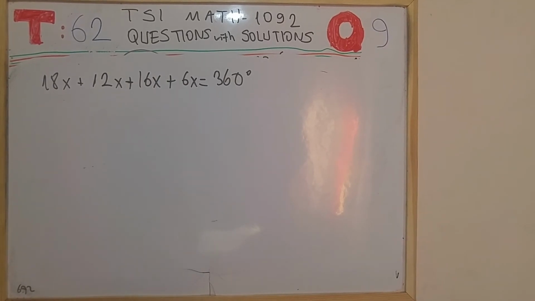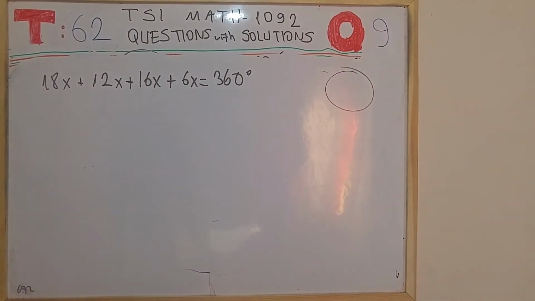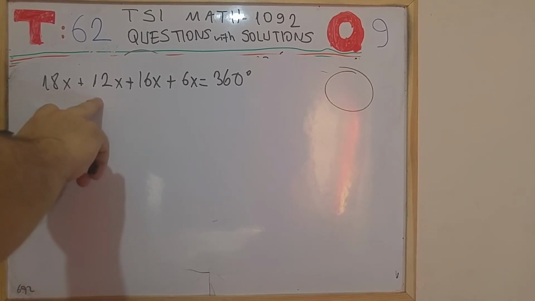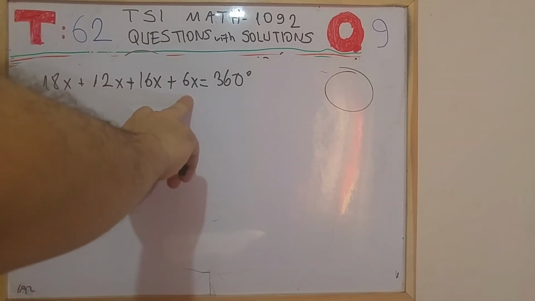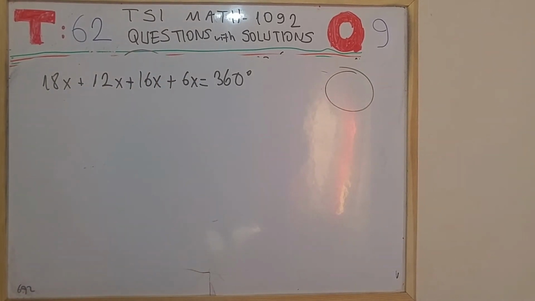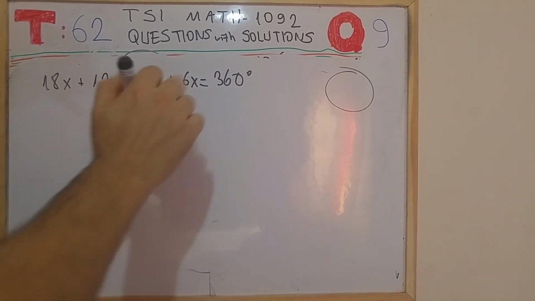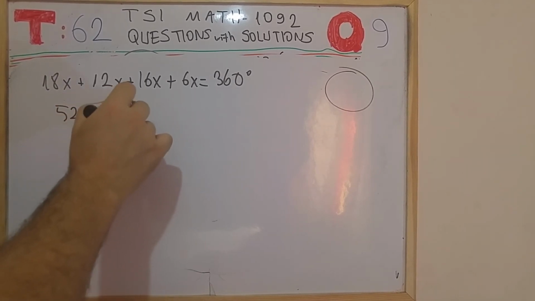Let's say that each professional would consume 8 degrees of angle in the pie chart that we would have. And that's why the teachers would consume 18x, engineers would consume 12x, nurses would consume 16x, and doctors would consume 6x of those angles, which actually makes, when I sum these up, 52x equal to 360 degrees.